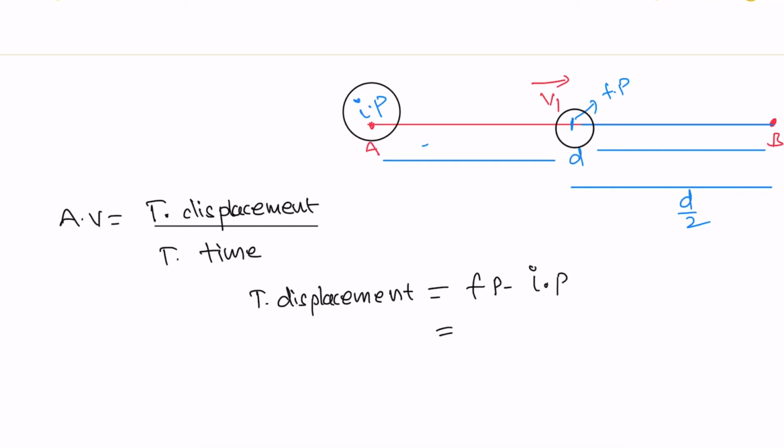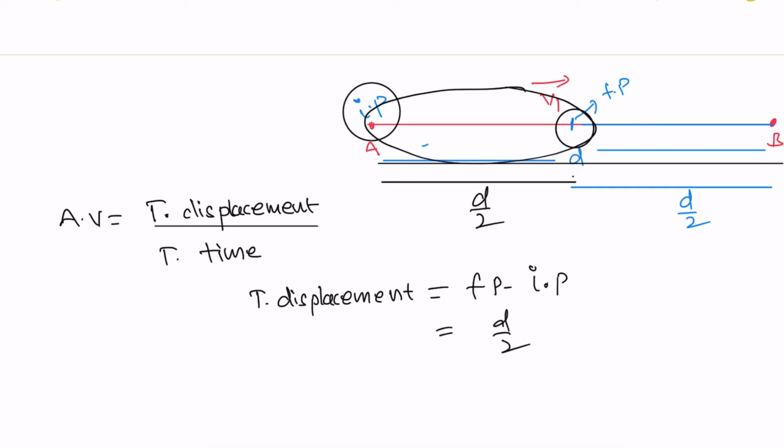What is the distance between them? The final position is the midpoint. The total distance is d, so from the midpoint to A, the distance is d by 2. So this is the distance between the final position and the initial position, that is d by 2.